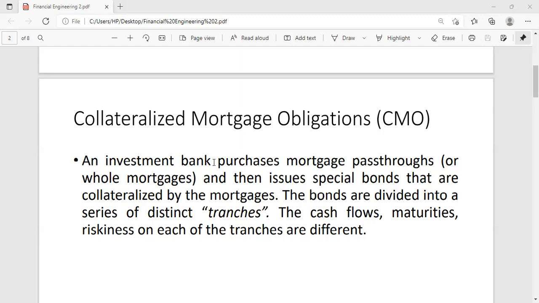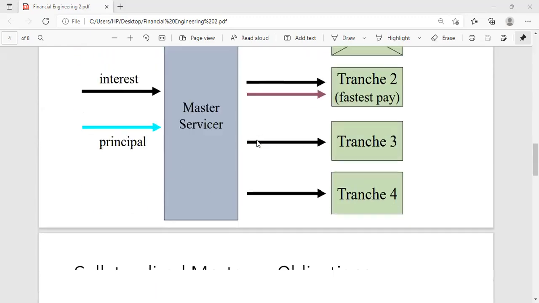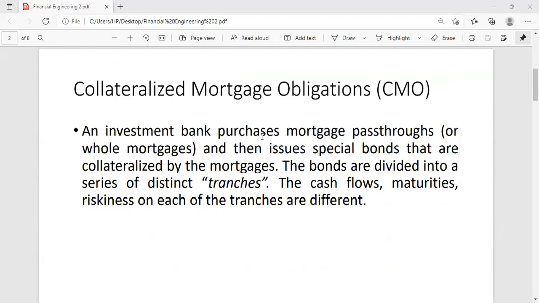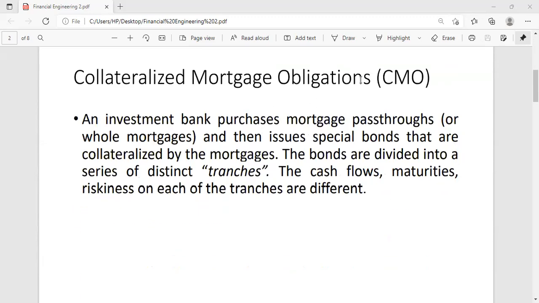Because the cash flows are different, this allows the single-class mortgage-backed securities to be converted into multi-class CMOs. How is that? There is a graph there, but it will be easier for you to understand the concept if I share my whiteboard and give you a diagram regarding this.